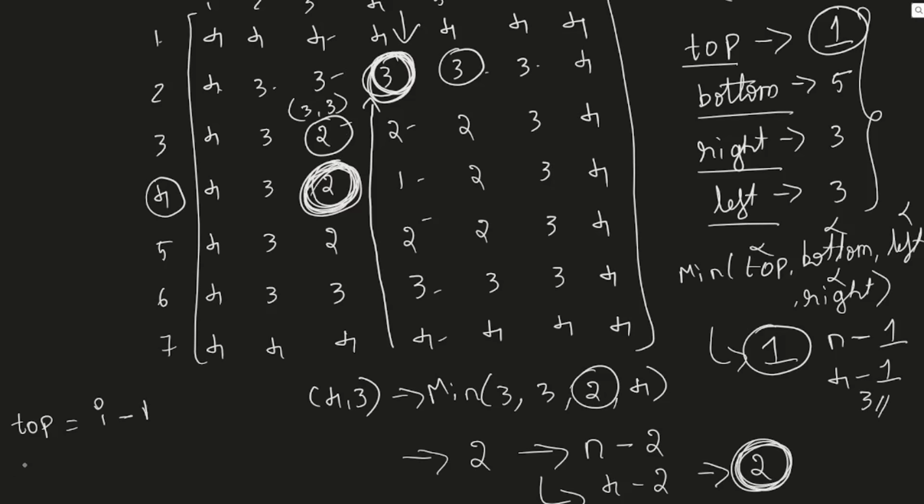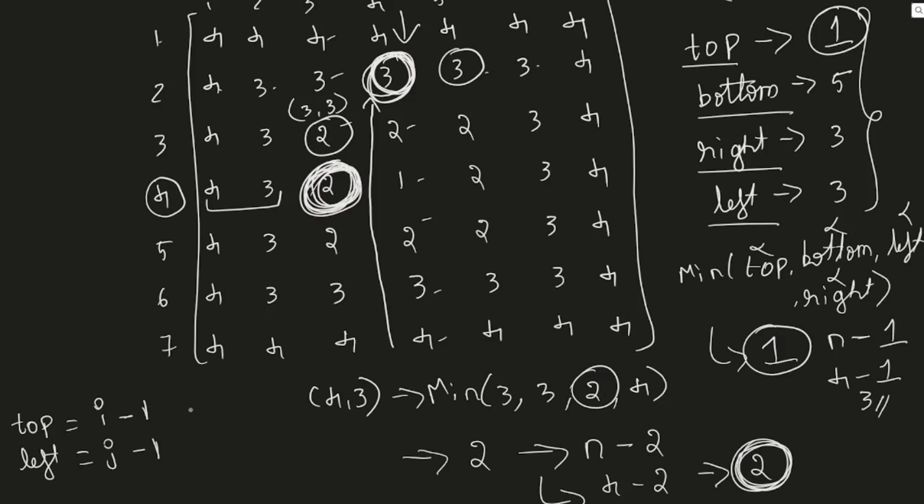Yes, this holds good. From left, it's the same: j minus 1. The value of j is 3, 3 minus 1 is 2. We got the value for that.